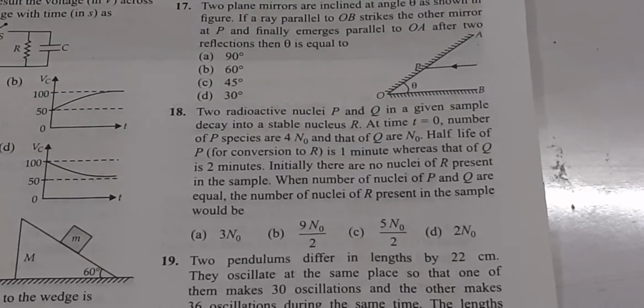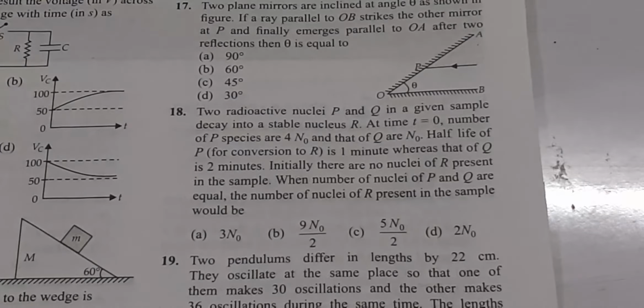Now, these will convert to stable nucleus R. The condition given is when the number of nuclei of P and Q are equal, that should be the timing for decay. Let us see how we can solve this problem.